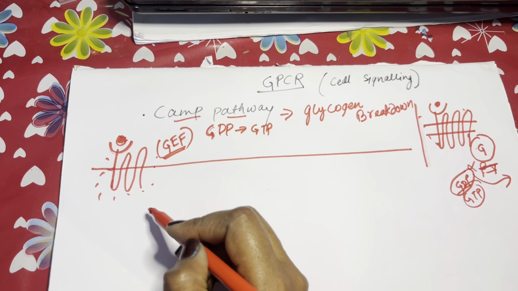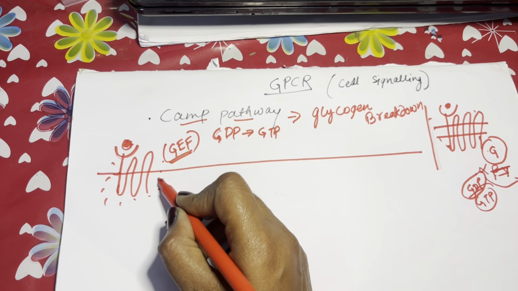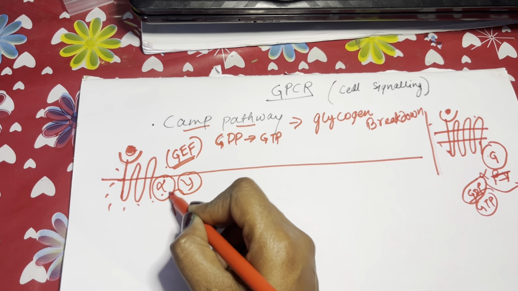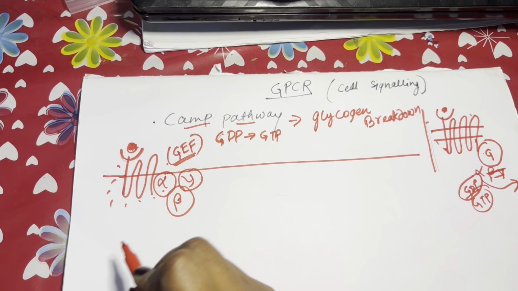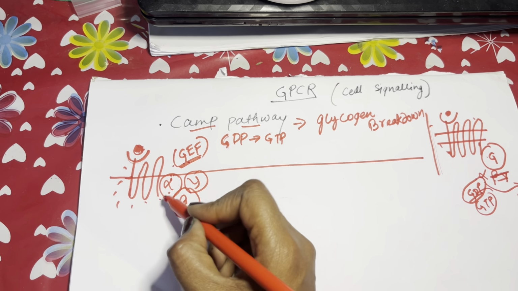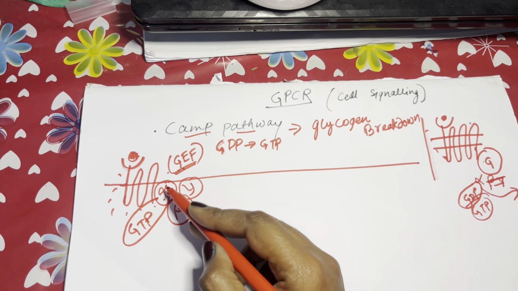Now this active GPCR will act like a GEF, and here alpha, beta and gamma, this entire G protein will be now active because this GEF or the receptor will now add GTP to the alpha subunit.